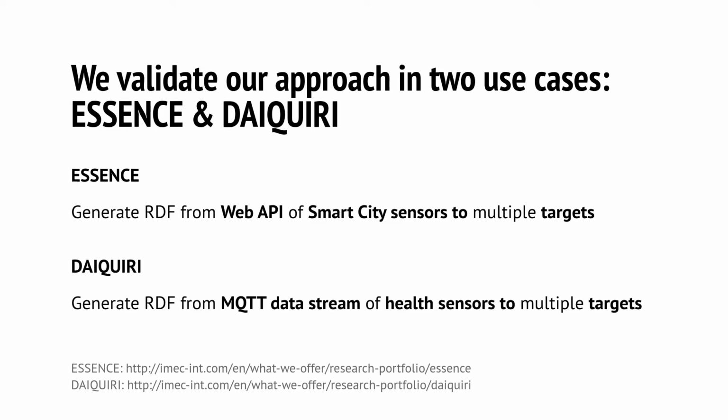In the Daiquiri use case, we have to analyze health data sensors from athletes. These sensors are providing their data using an MQTT data stream. And also here, we needed to export it to multiple targets, such as a local file or a SPARQL endpoint.